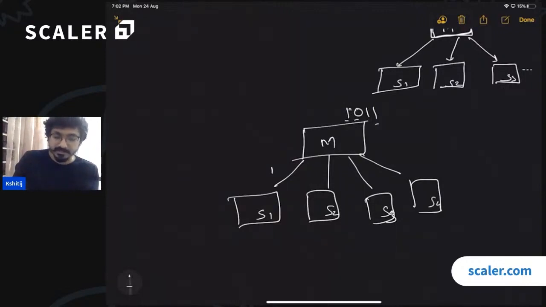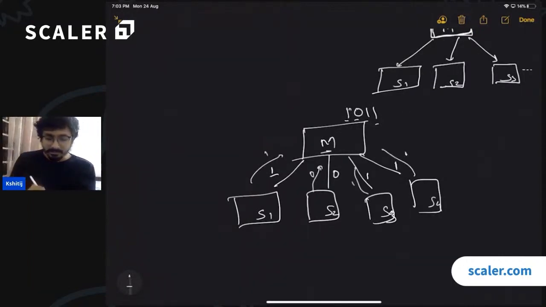So 1 goes here, 0 goes here, 1 goes here, and 1 goes here. Then after a while, the master server asks all the servers to return these values so that it can return the string to the user. So S1 returns 1, S2 returns 0, S3 returns 1, S4 returns 1.